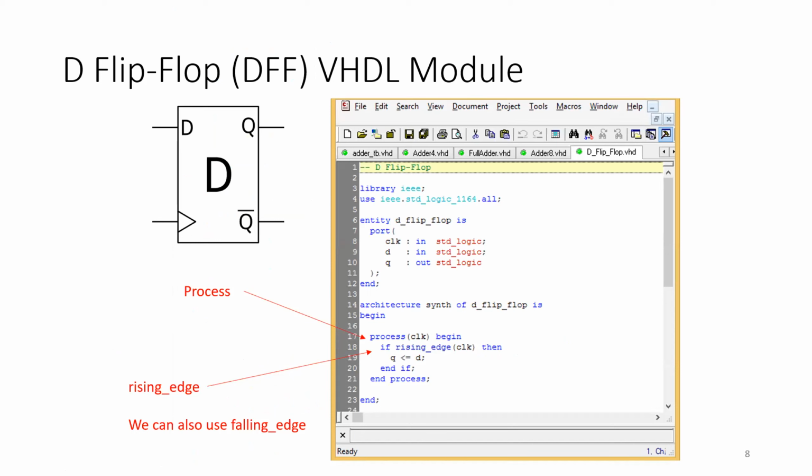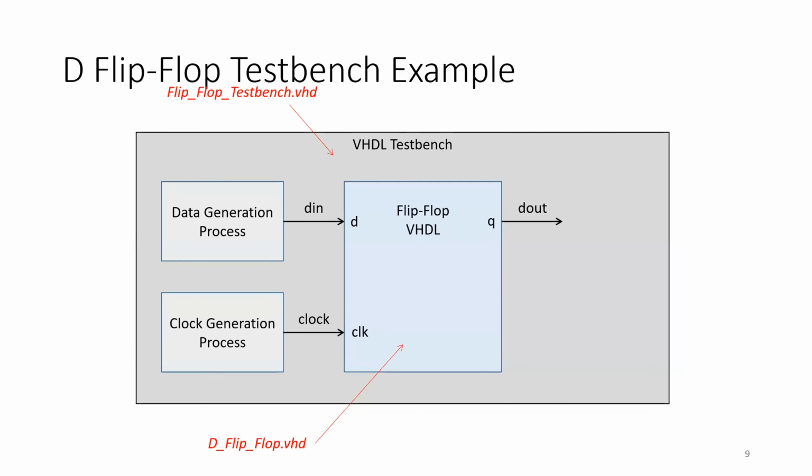This is a D flip-flop. And here it has a clock. This is my program, D flip-flop. And in the process here, if we have a clock rising edge, Q will take the value of D. Now, if I want to implement a test bench for this one, we'll see here the test bench environment.